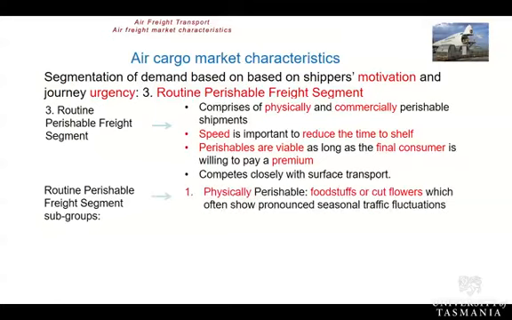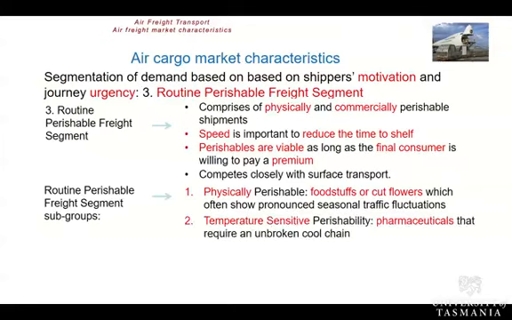And the one is physically perishable. So we're talking about foodstuffs, cut flowers, those type of things that typically are more in demand during seasonal situations, seasonal fluctuation. And another segment is the temperature sensitive perishability.